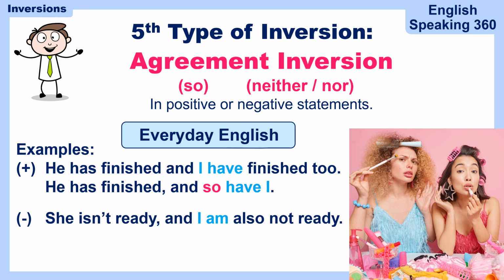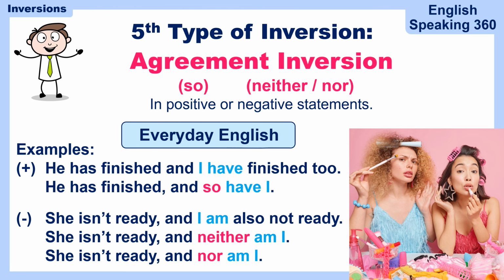But if we use inversion, it becomes: she isn't ready and neither am I. Neither am I. Not neither I am. That doesn't work. That is everyday English, very important. Let me give you one more. She isn't ready and nor am I. Nor am I is more formal and it is also often used in British English.